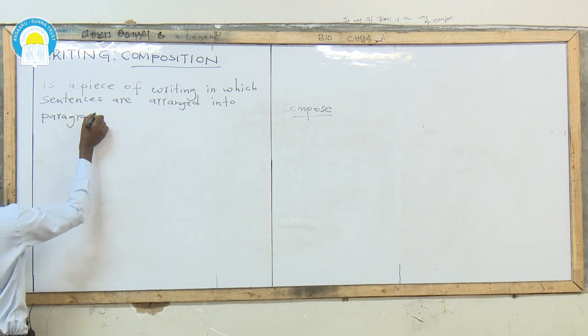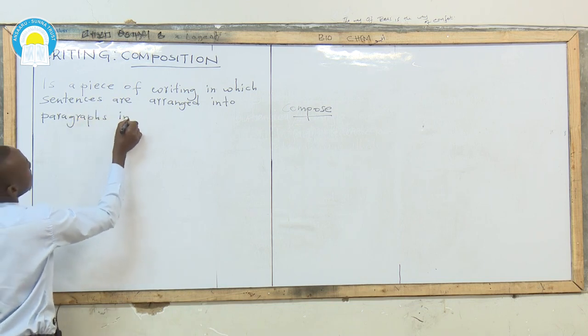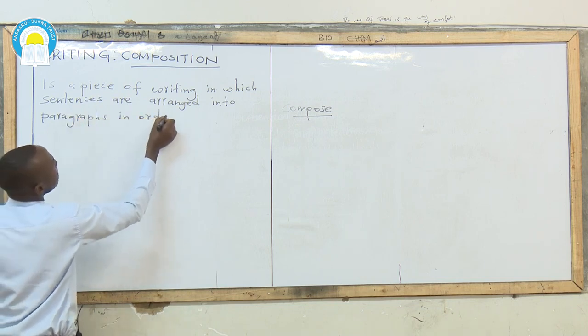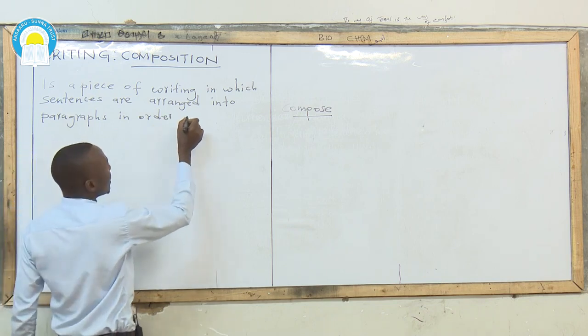Sentences are arranged into paragraphs in order to convey information.